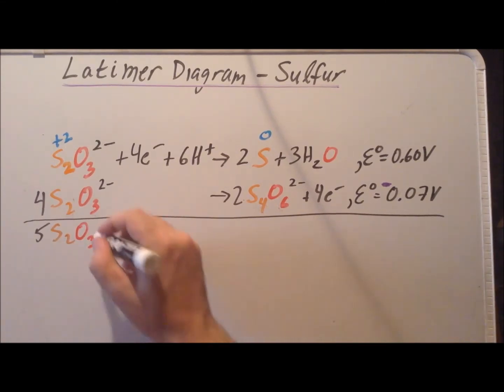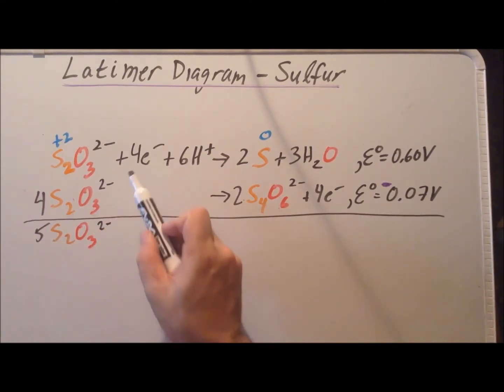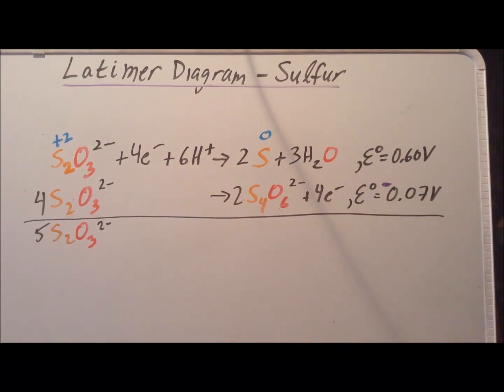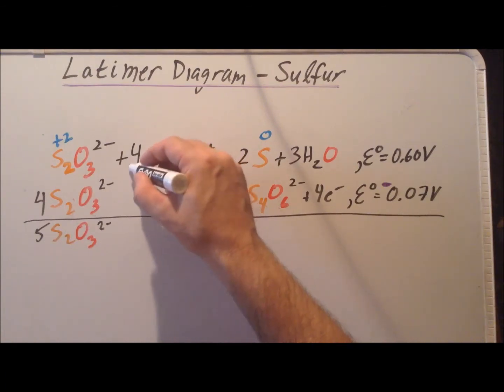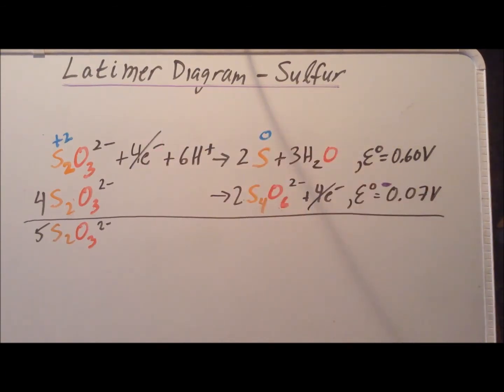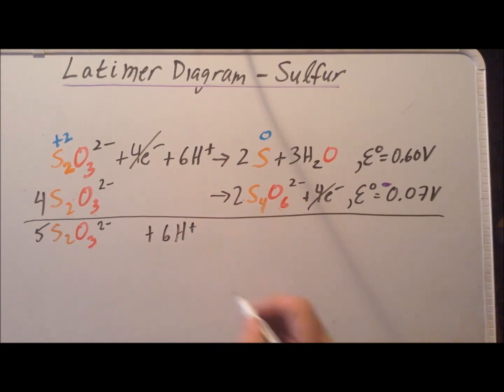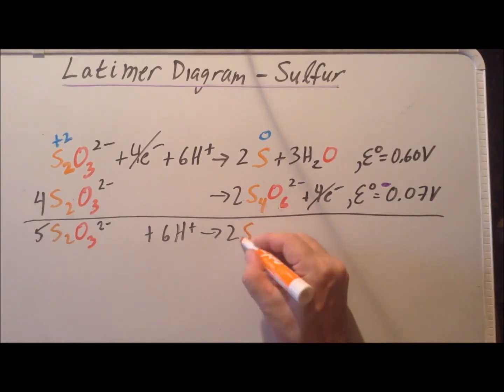Two minus. And notice that since we have the same number of electrons on the reactant side and the product side, these cancel out, so we kind of show our cancellation. Plus 6 hydrogens. Then on the right-hand side, we have our 2 molecules of sulfur, or 2 sulfur atoms, if you want to put it that way.